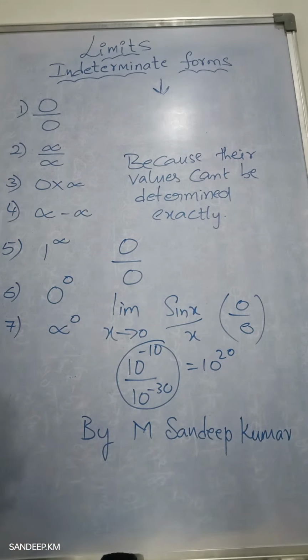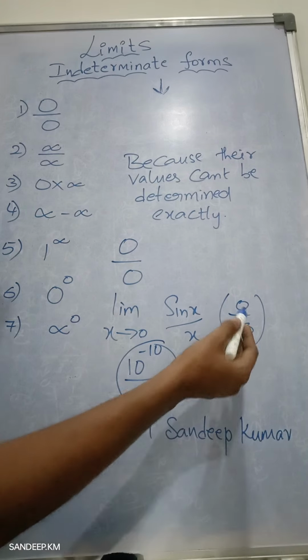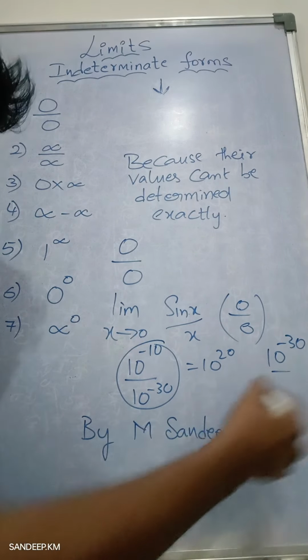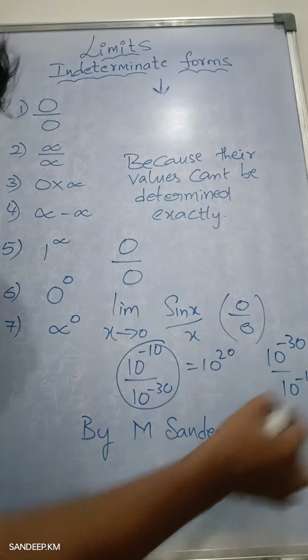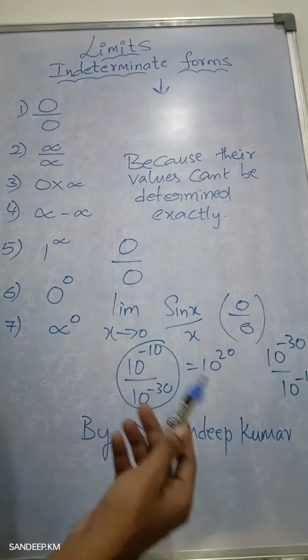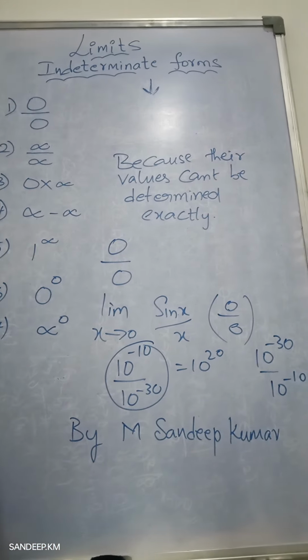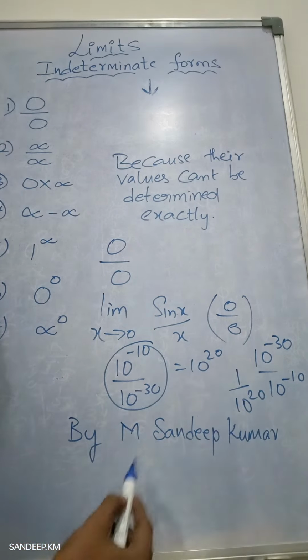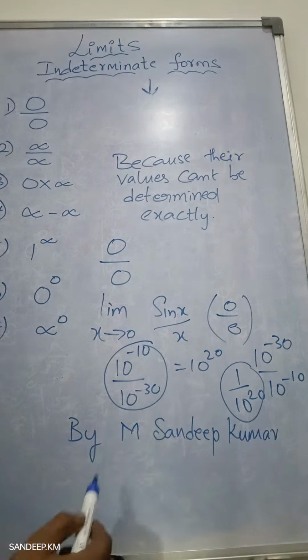Now, what if the numerator, sin x, is approaching 0 in a different way? What if that numerator is 10 power minus 30 and the denominator is 10 power minus 10, with x approaching only 10 power minus 10? Then what do we get? You will get 1 divided by 10 power 20. This is a very small number.